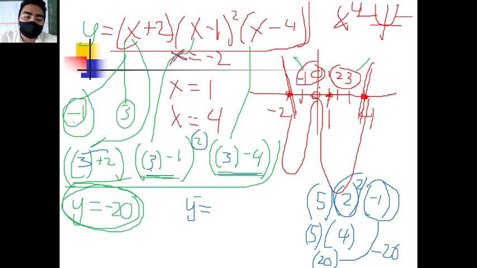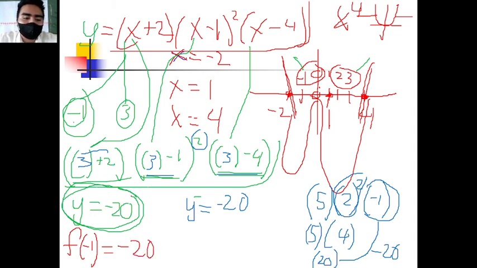So we could clearly say that when x is positive 3, the answer is negative 20. I'll be changing the color. We could say that when f of x is at negative 1, the function would be negative 20.